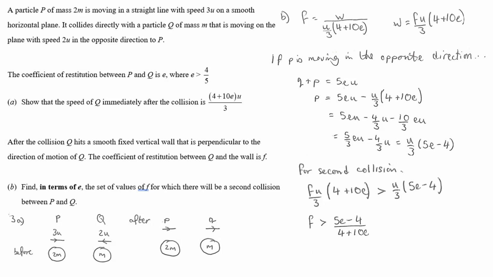And remember, the coefficient of restitution is between 0 and 1. If you know that e has to be greater than that, then it's between that and 1. You can't go over 1.